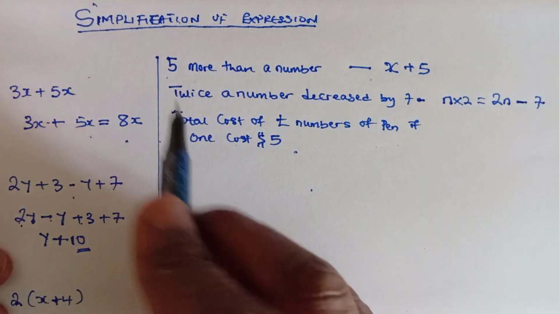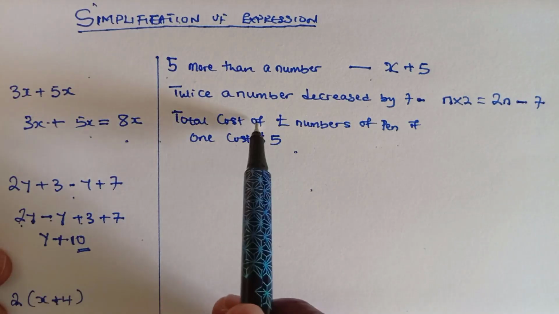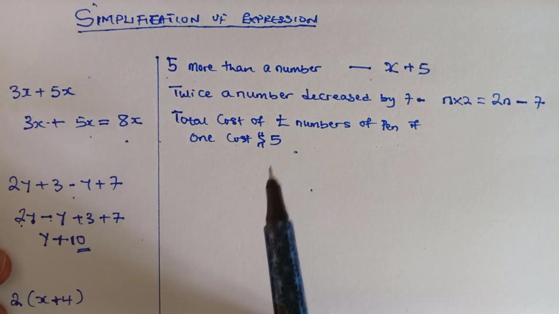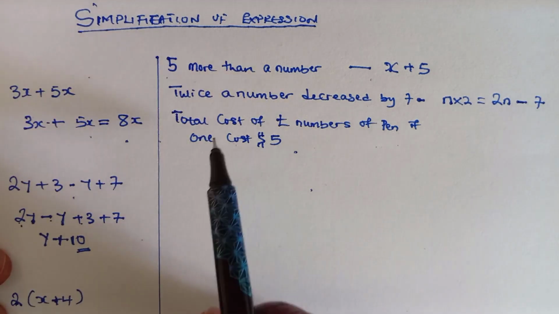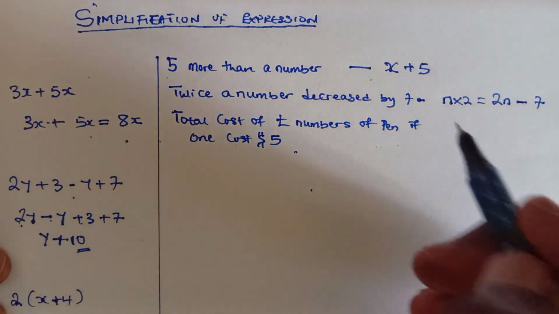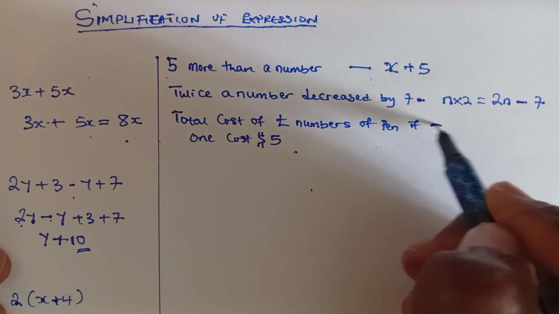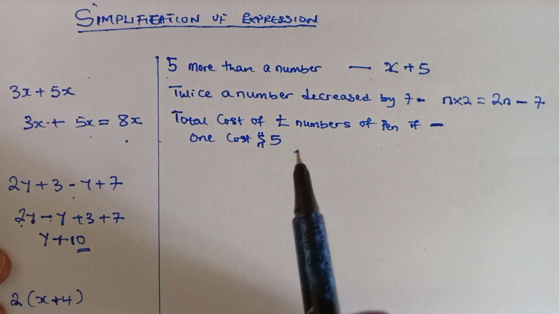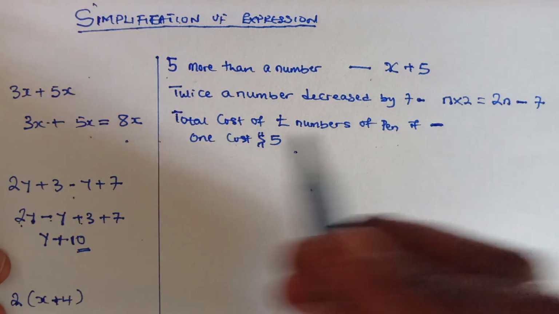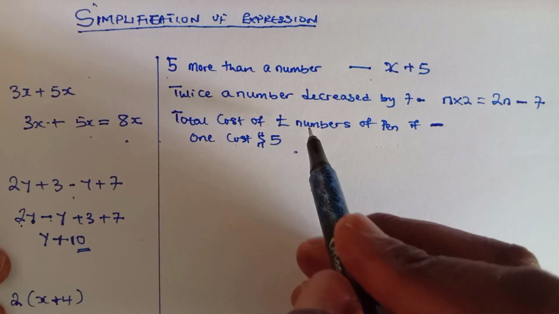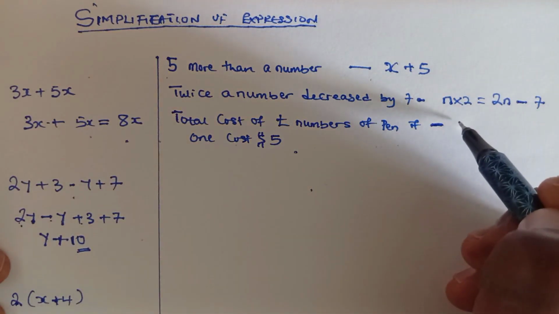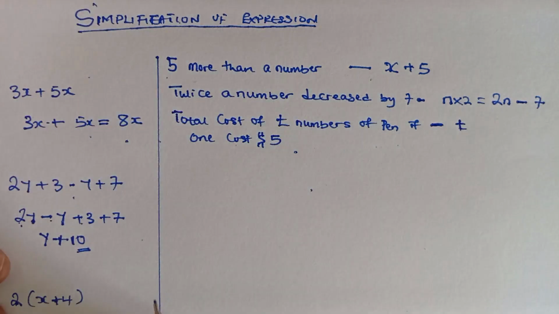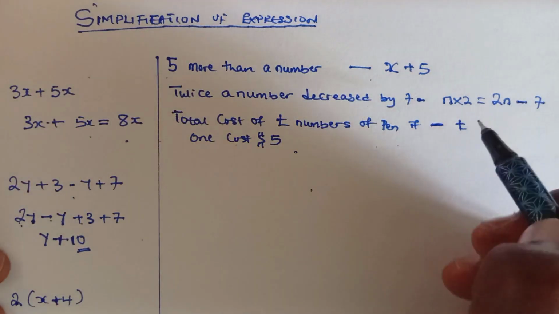Now the last one says total cost of t numbers of biro, pencil, if one costs $5. So we don't know the total cost of the numbers of pen, but let's see, it's a total cost of t numbers of pen. So we have t numbers of pen, but one pen costs $5.